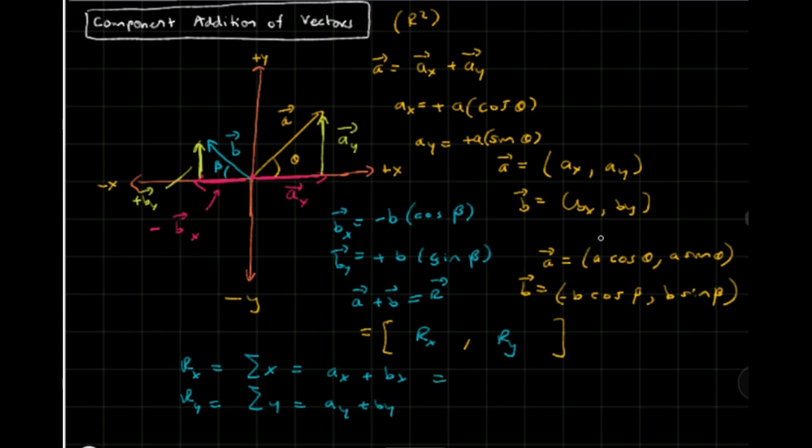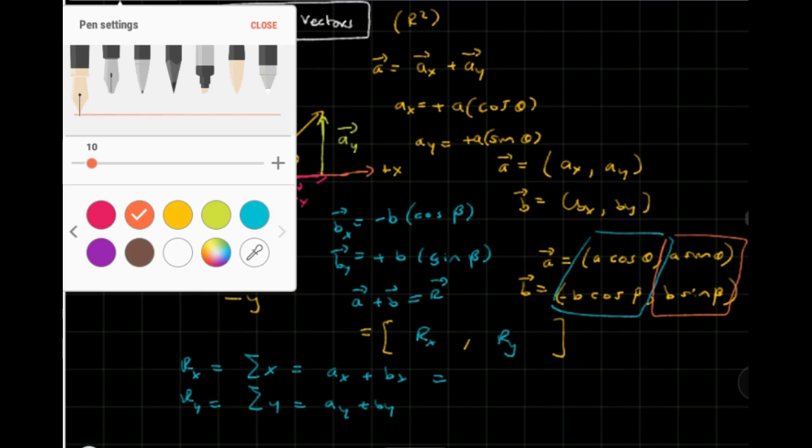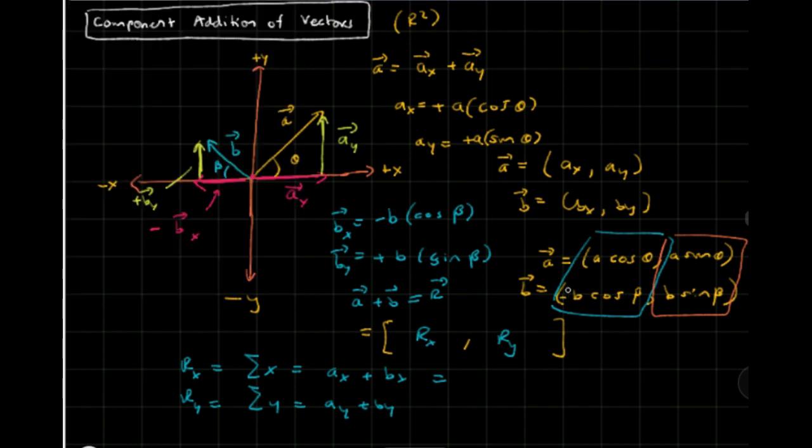So technically we're adding these two together to find Rx, and we're adding these two together to find Ry. Okay? If I add all of these together, you have to employ the signs. The signs are really important, right?